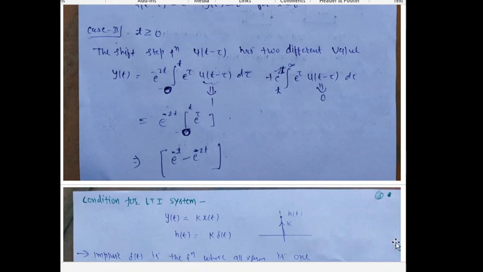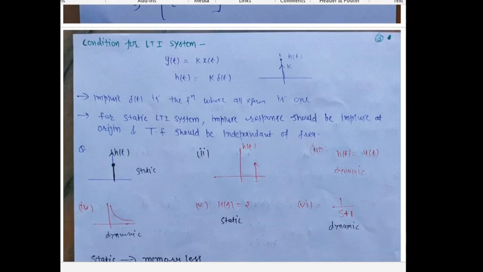So next are some conditions for an LTI system. In an LTI system, y(t) equals k x(t) and s(t) equals k delta(t), if the input is an impulse function. For a static LTI system, the impulse response should be an impulse at the origin.